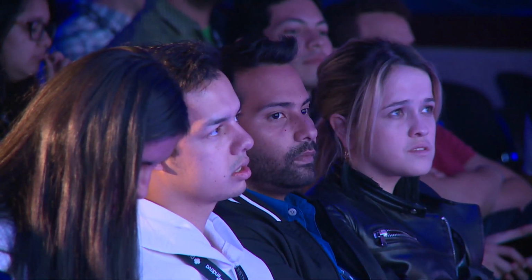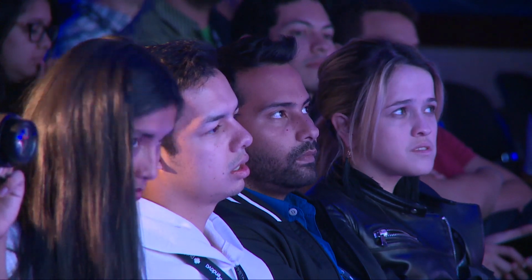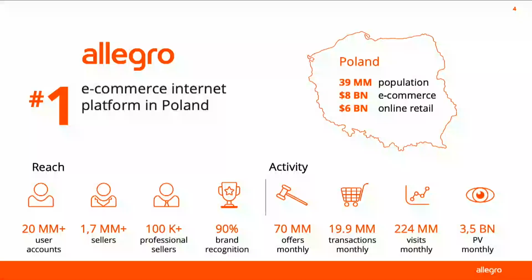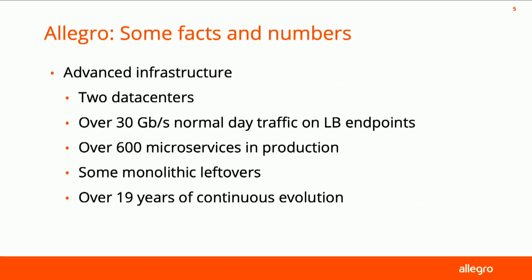That results in more or less 20 million active user accounts, and we serve more or less 20 million transactions per month. Those are pretty good numbers. And in order to do that, we run several thousand assets in our 2 data centers. On a normal day, we have around 30 gigabits per second of traffic on our load balancer endpoints.